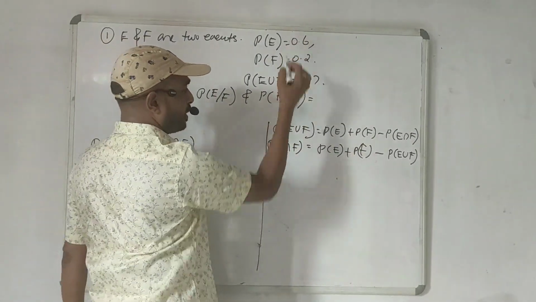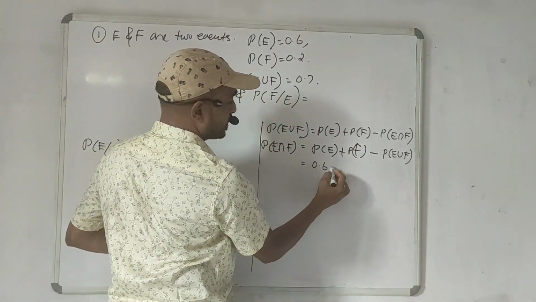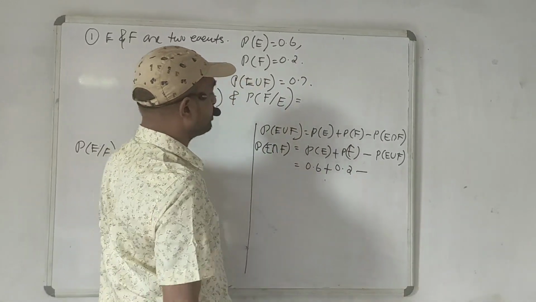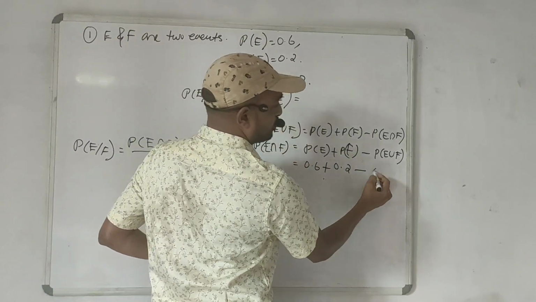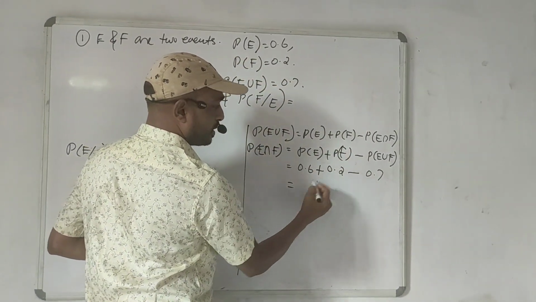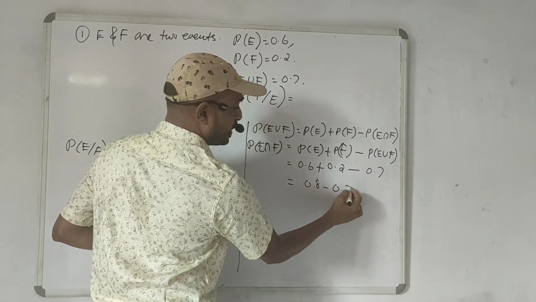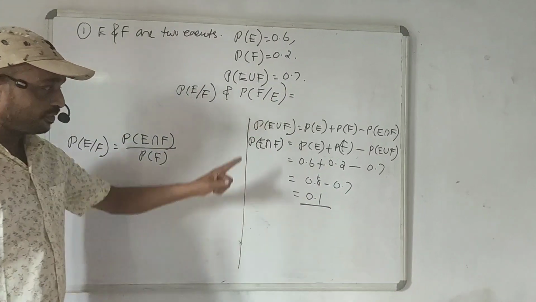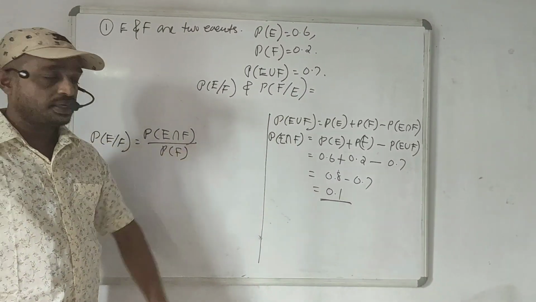P of E is 0.6, plus P of F, which is 0.2, minus P of E union F, which is 0.7. So 0.6 plus 0.2 is 0.8, minus 0.7, that is 0.1. So P of E intersection F is 0.1.